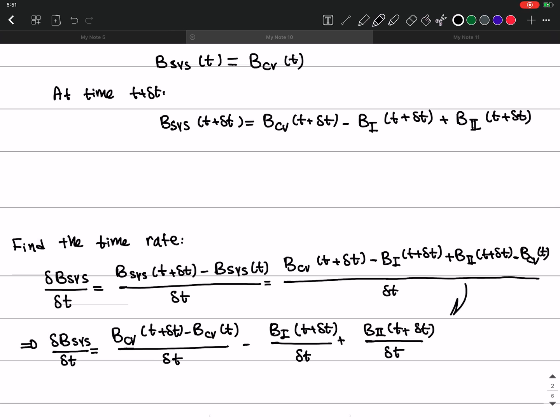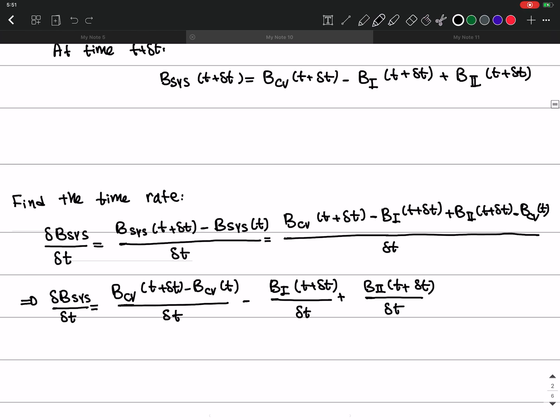Okay, I just rewrote these and rearranged the terms. So now in the limit, let's take the limit to get the differential form of this.